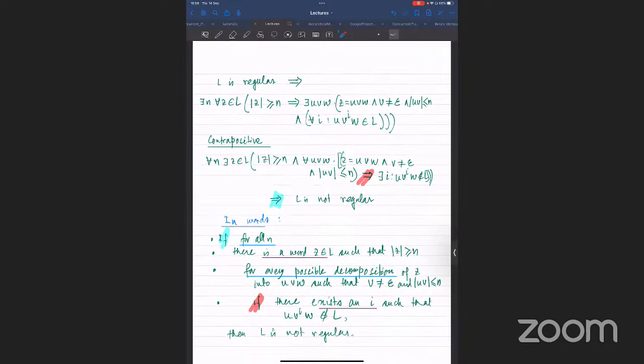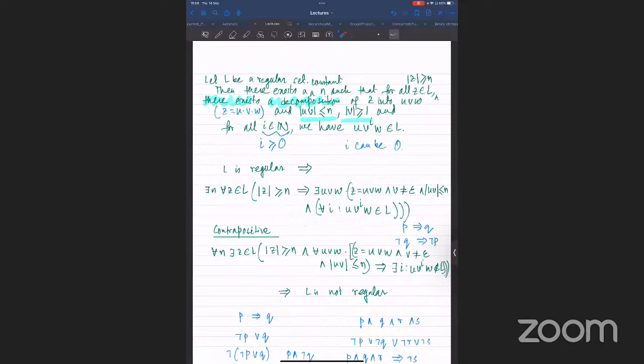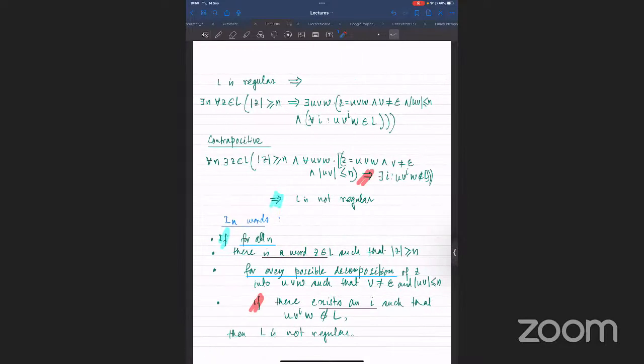We saw that if L is regular, then it satisfies the pumping lemma: for all words such that the length of the word is greater than or equal to n, there exists a decomposition such that the part that you pump is not epsilon, uv is less than or equal to n, and for all i, if you pump it so many times, it is in L. Clear?